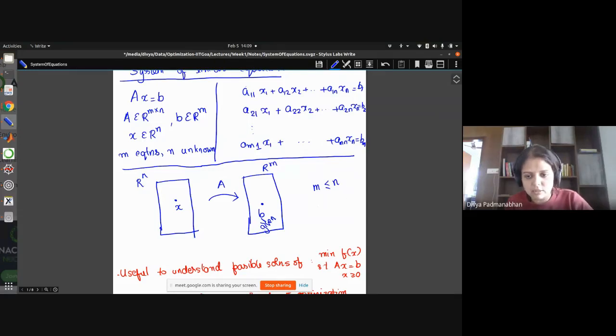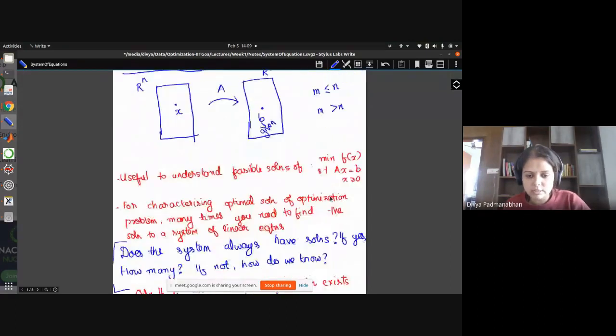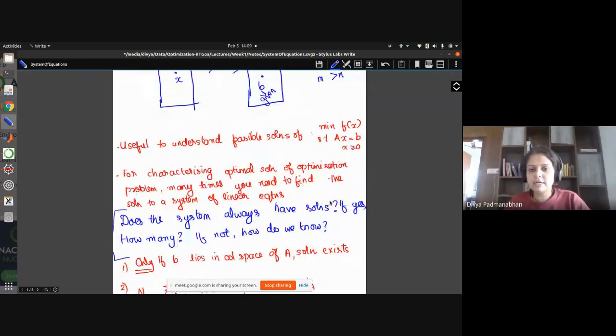And in the other case, if m is greater than n, you have more equations than unknowns. If something is redundant, then maybe you have a solution, but otherwise you don't know. These are some of the issues here, and we want to understand that.